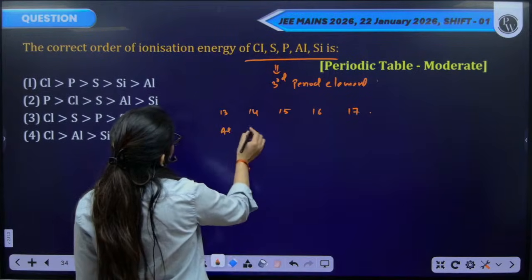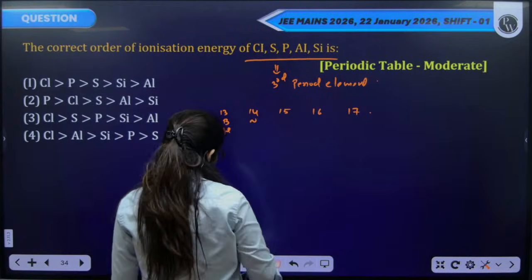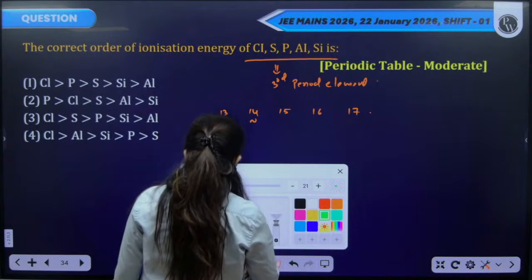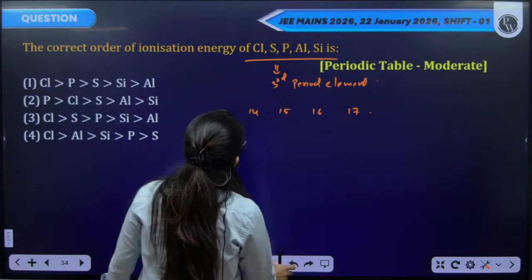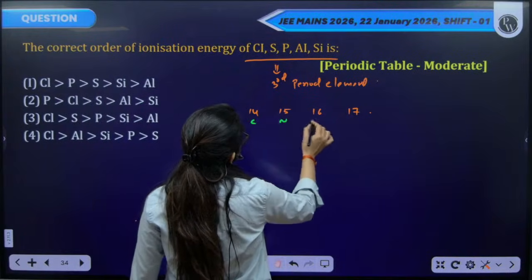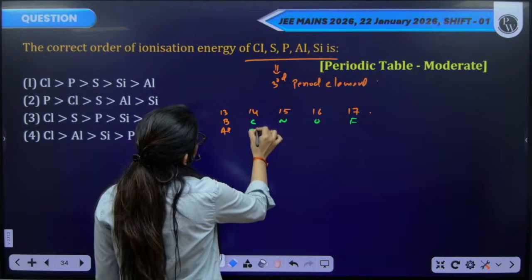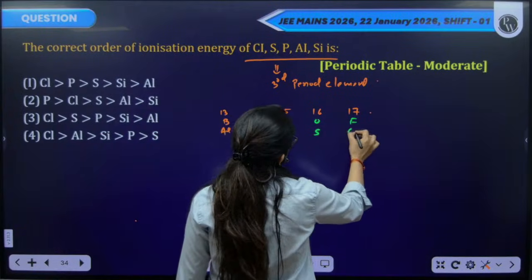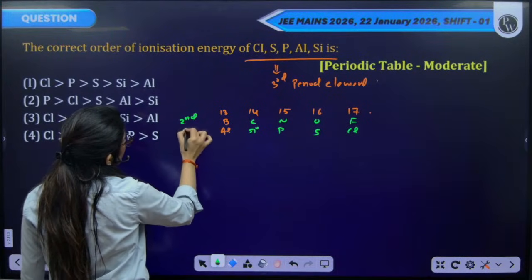So here boron, then carbon, then nitrogen, then oxygen, then fluorine. Okay. So here silicon will come, here phosphorus will come, and here sulfur will come, and here chlorine will come. Okay. So these were second period elements and these are third period elements.